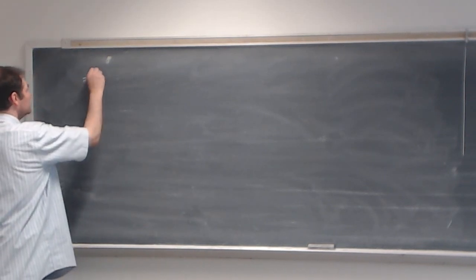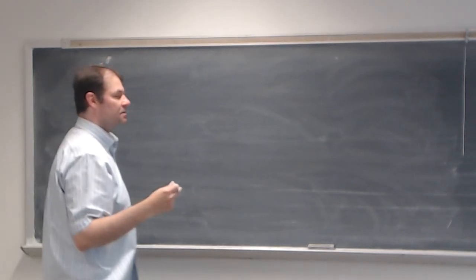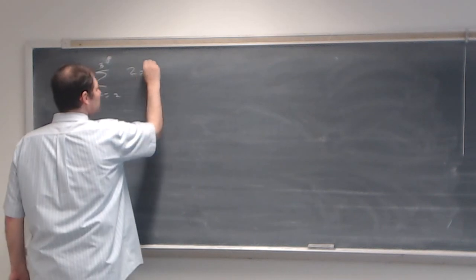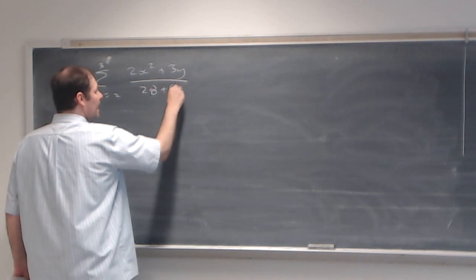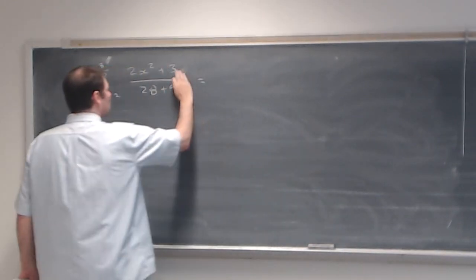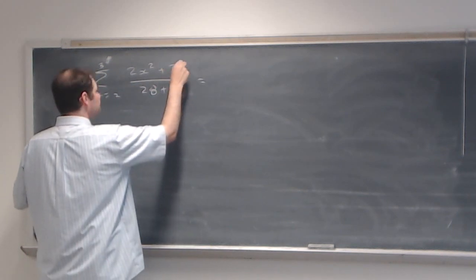And that's equal to the sum as x runs from 2 to 3 of that conditional PMF, which was (2x squared plus 3y) over (28 plus 9y). Except we know what y was. They said 3, so I substitute in 3 for y.